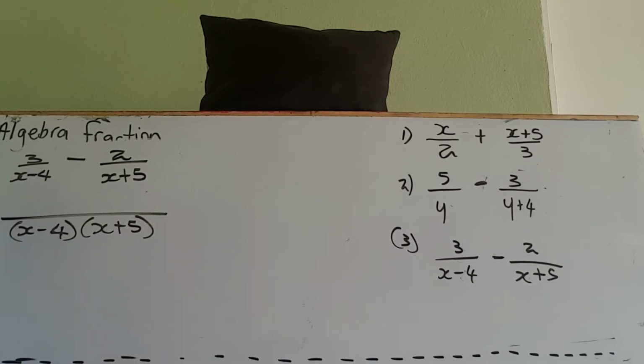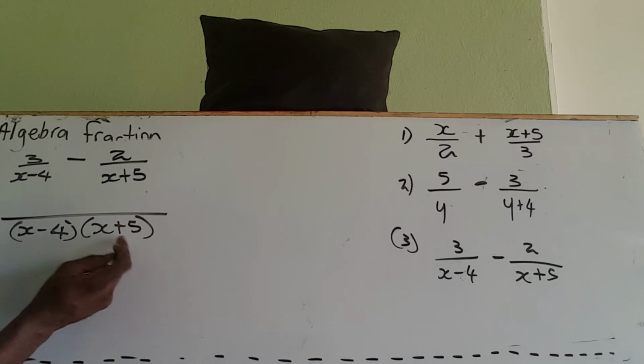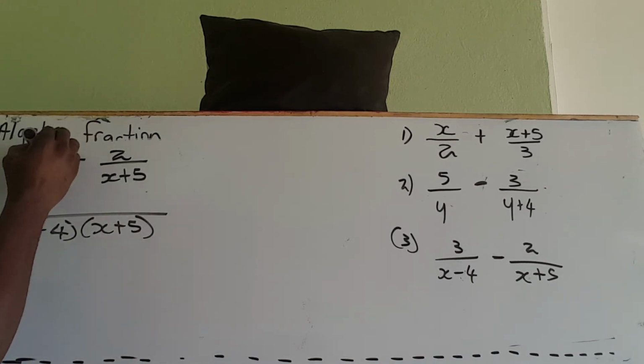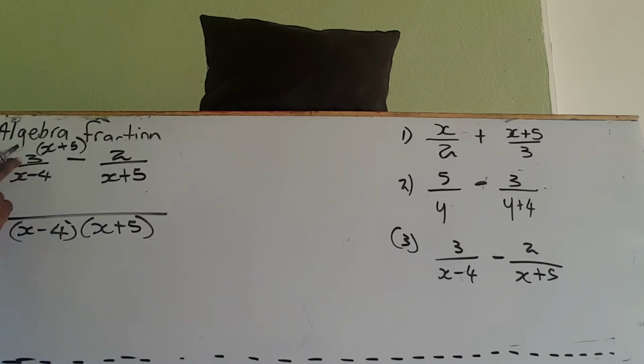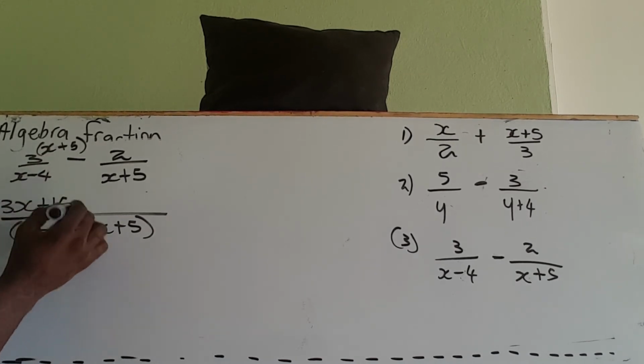We're going to keep them because we want to divide. So imagine if you divide the x minus 4 into all of this, the x minus 4 would cancel itself, the x plus 5 would come out. So the x plus 5 will be used to multiply by the 3. So we're going to distribute 3 times x, that is 3x. 3 times 5, that's 15.